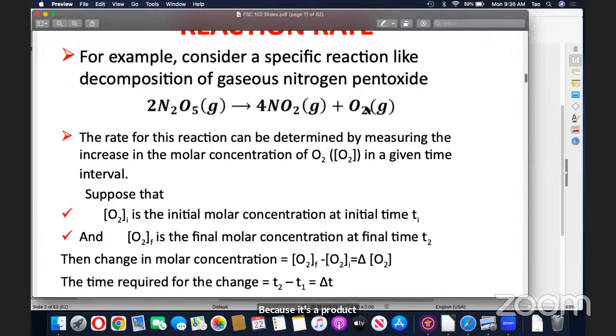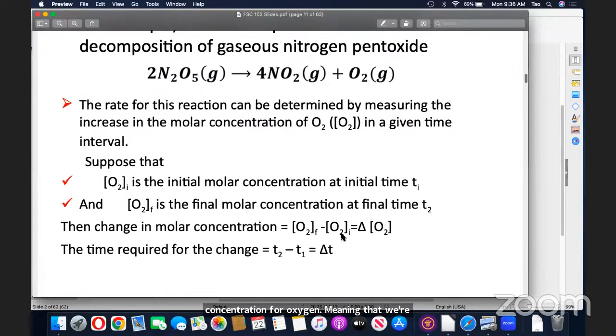If you look at this reaction, at the beginning we won't even have any oxygen at all, meaning the original concentration is going to be 0. And at the end of the reaction, we are going to have some concentration of oxygen, meaning we're subtracting 0, the initial, from that final concentration. That means the value is going to be positive.